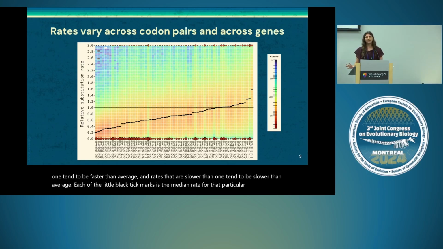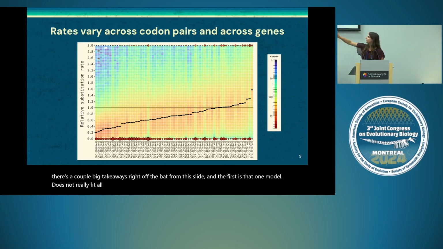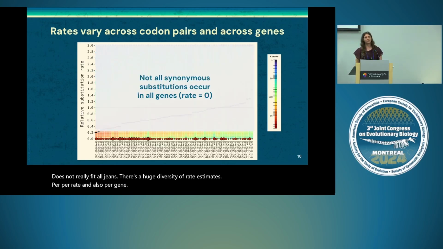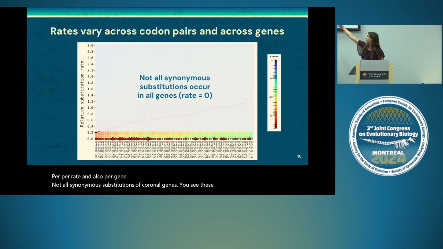Now, there's a couple big takeaways right off the bat from this slide. And the first is that one model does not really fit all genes. There's a huge diversity of rate estimates per rate and also per gene. Not all synonymous substitutions occur in all genes. You see these little red bubbles along the bottom.